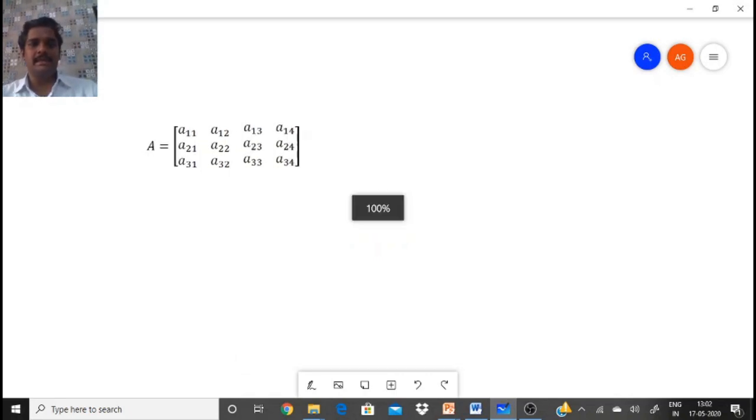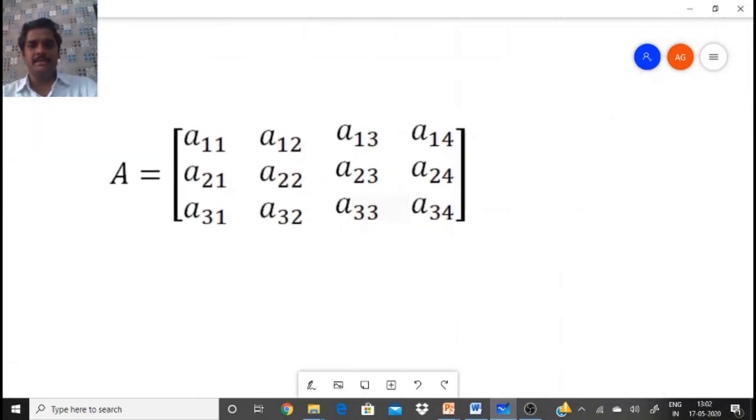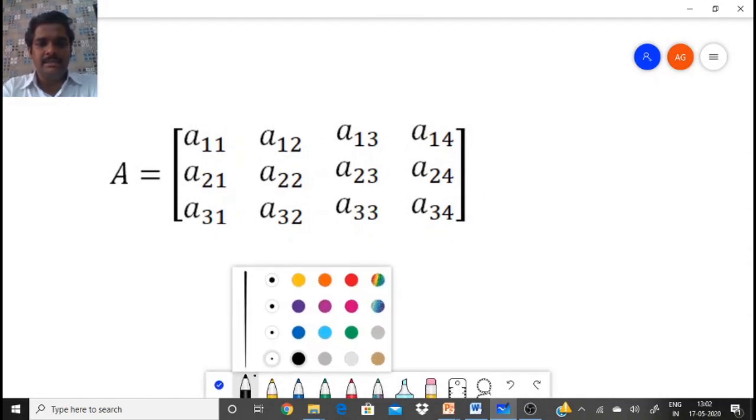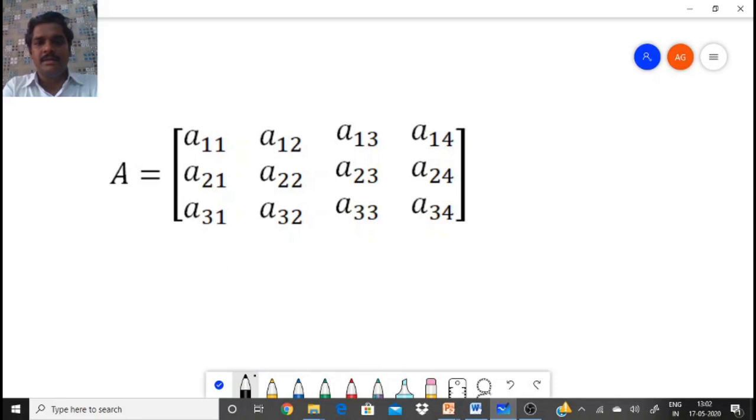So you all can see I have one general matrix, and the order of this general matrix is, there are 3 rows and there are 4 columns. It's a 3 by 4 matrix, a general matrix of order 3 by 4, and there are a total of 12 elements you can see, with different indexes.